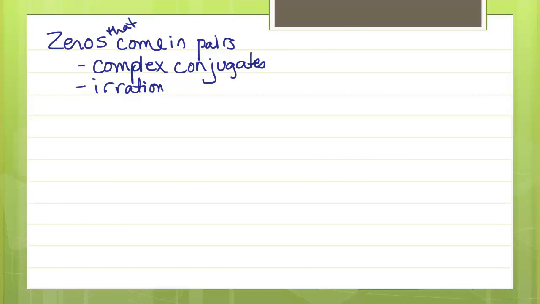And before we go through and actually find all the zeros of a couple of these, the other thing we need to say is there are some that come in pairs. So if we have any complex zeros, they're complex conjugates, they come in a pair. And we also have irrational conjugates that are going to be zeros, and they come in pairs.